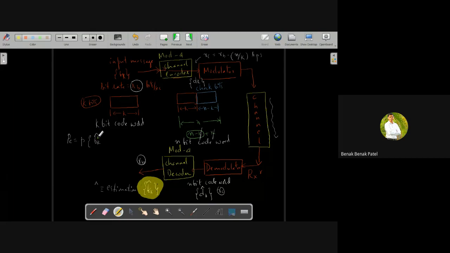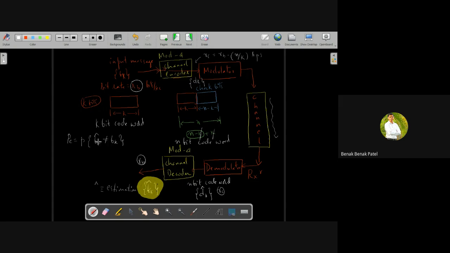So whether this bk cap is equal to this bk. Thereby, your probability of error is whether bk estimated is not equal to bk.